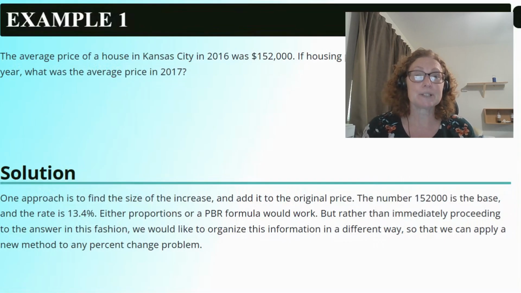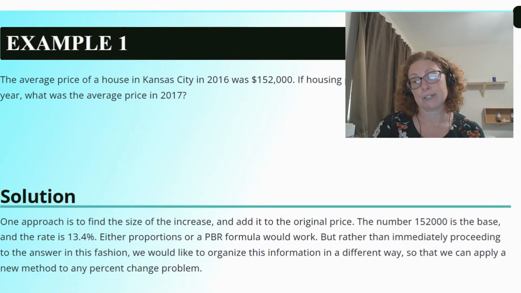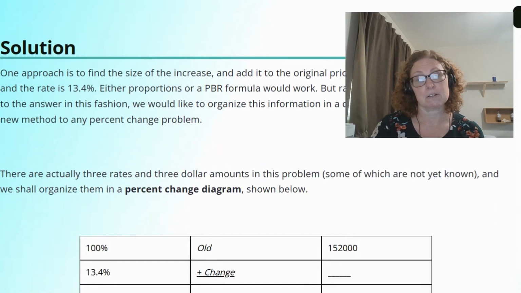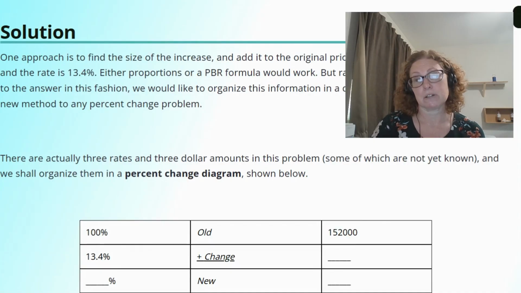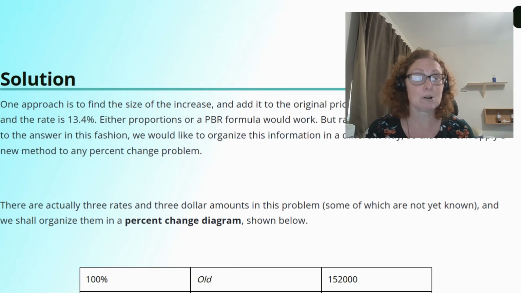Okay, so 152,000 is the base. All right, so we could say P is equal to B times R, because we want to find that part.